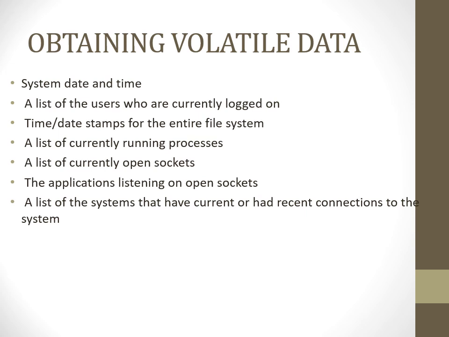The purpose of this Trojan horse is such that if a user of a particular system opens an email attachment, that attachment will create a backdoor on the machine. That backdoor or trapdoor will be used by an attacker to gain access to our system. So, as an investigator, when you're obtaining volatile data, it is very important for you to know the applications that are actually listening on open sockets.